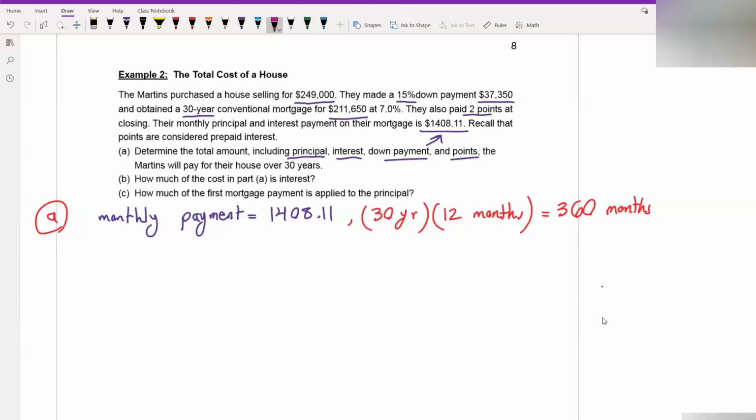Now finding total. The total paid is equal to, I have to multiply this $1,408.11 multiplied by 360.